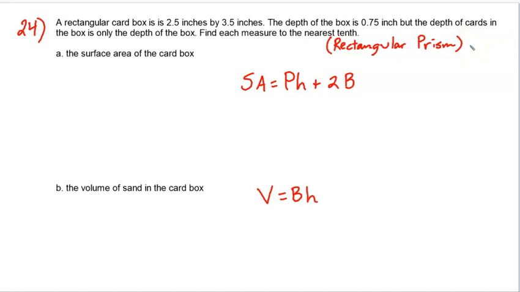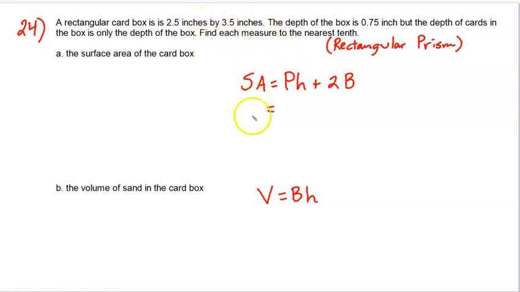So identifying the solid, the object, is really key here, because then you know what formula to refer to. So we just have to figure out for surface area the perimeter of the base. So it's 2.5 inches by 3.5 inches. So 2.5 times 2 plus 3.5 times 2.